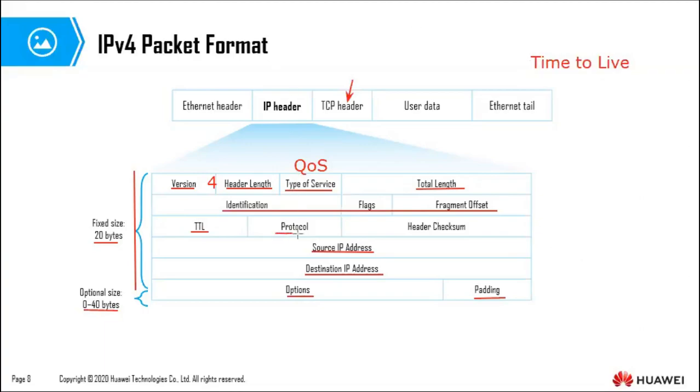Then you have the protocol field. The protocol field is used to indicate the next protocol that is going to handle this packet. What that means is we've reached the destination. So the data packet moves from the data link layer to the network layer.